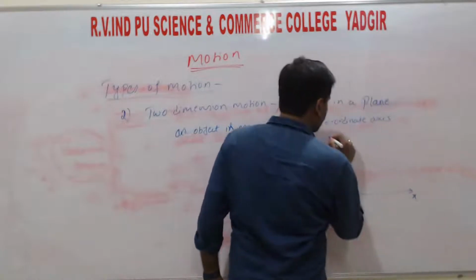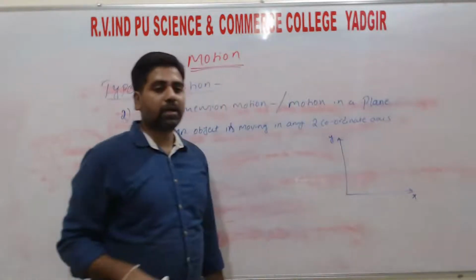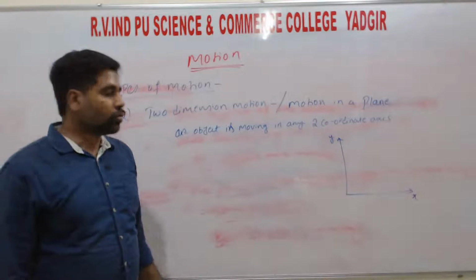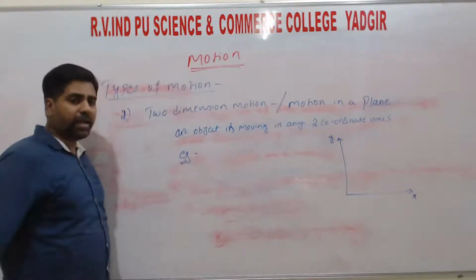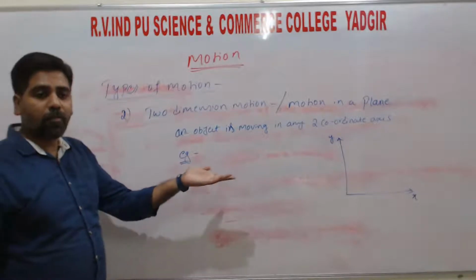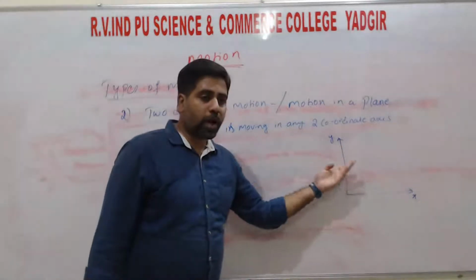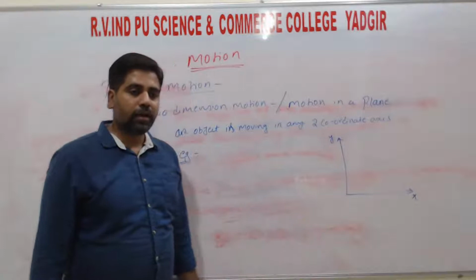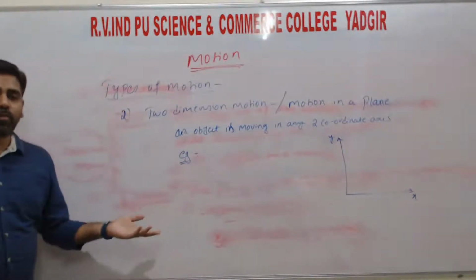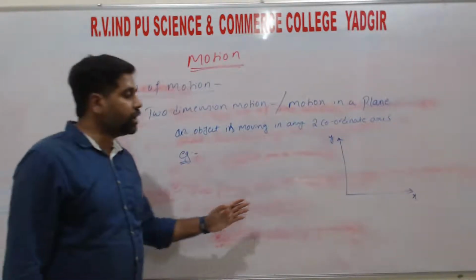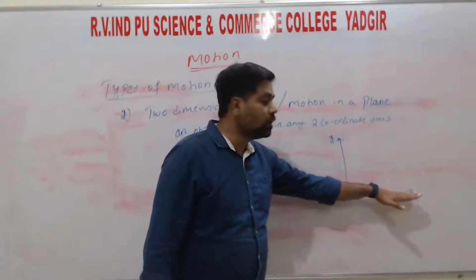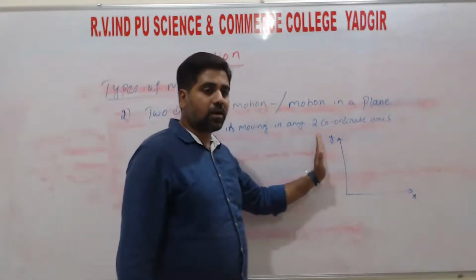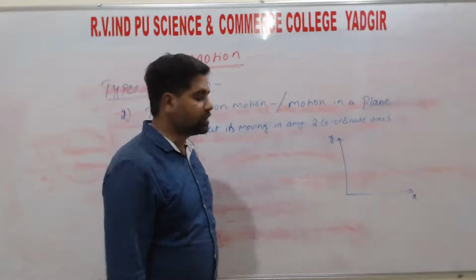Here we have the x-axis and here we have the y-axis, right? For example, if we kick a football, then the ball follows two dimension motion. When we hit a cricket ball, that ball also follows two dimension motion. That is, the ball will travel both along the x-axis and along the y-axis, right?